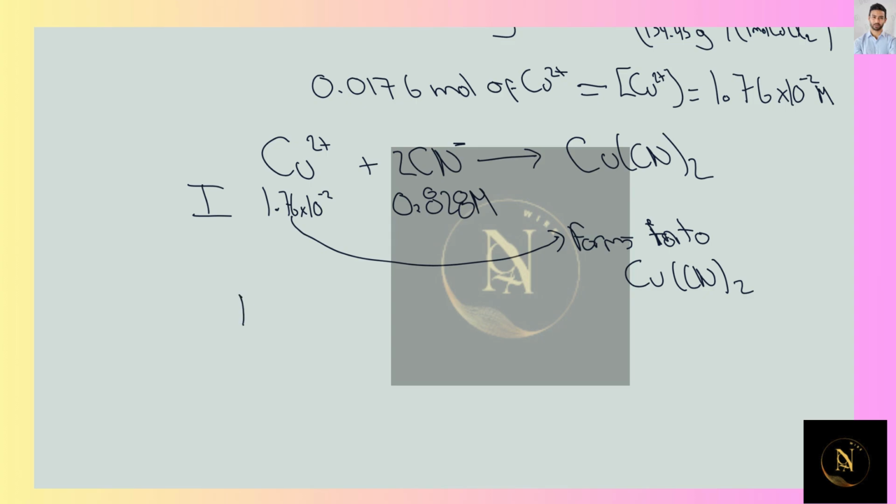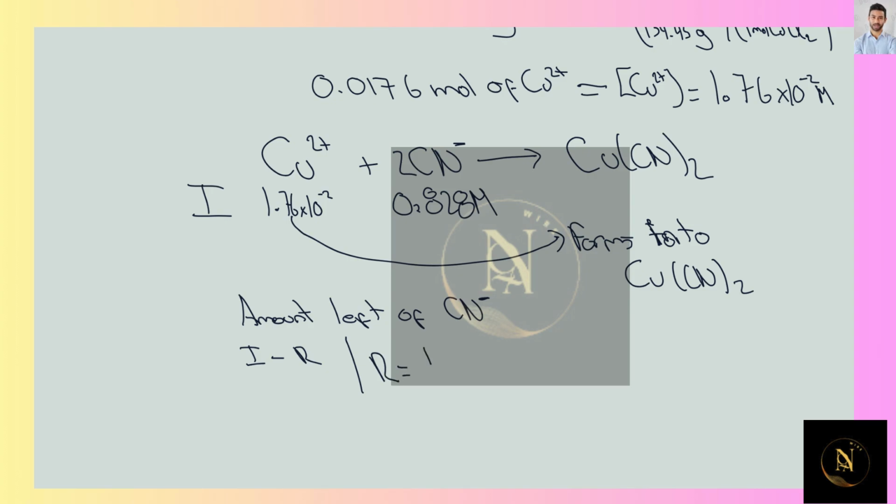And the amount left of CN minus is going to be the initial minus the reacted amount.